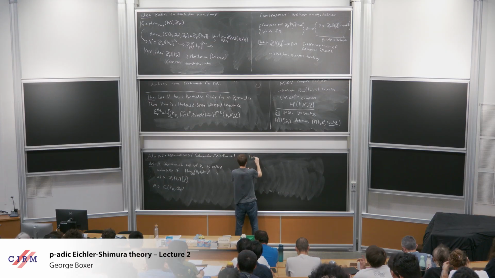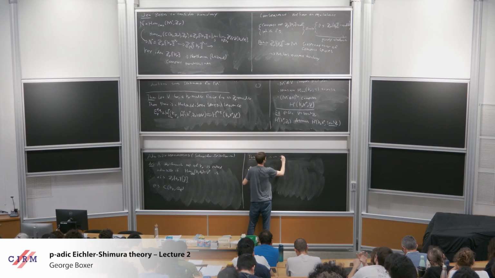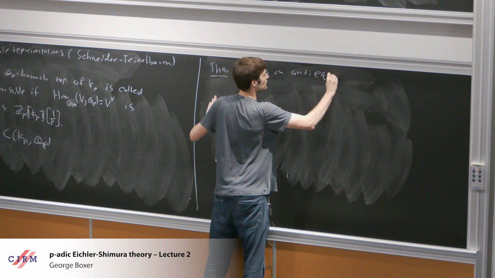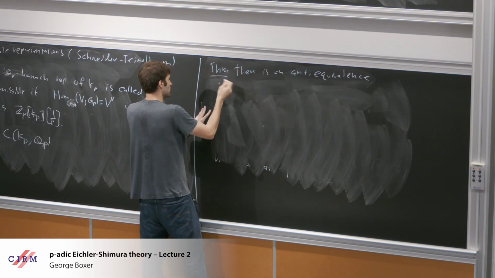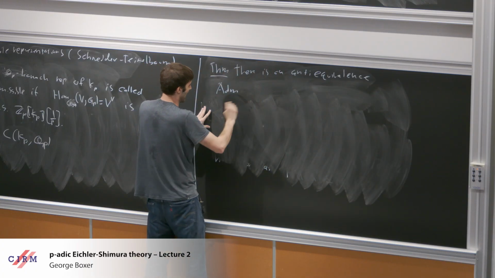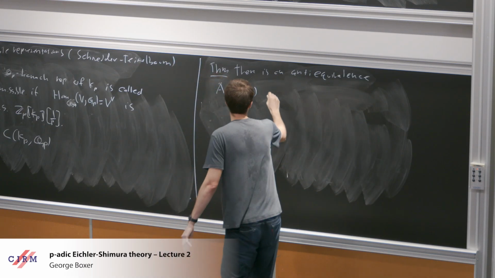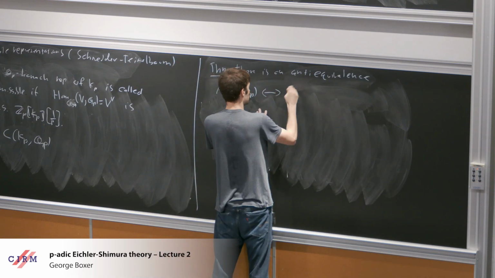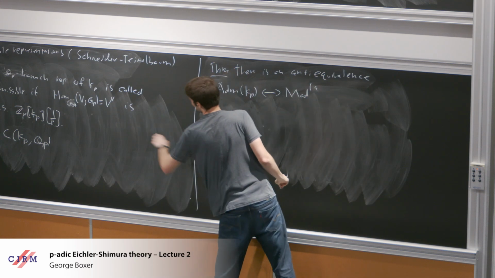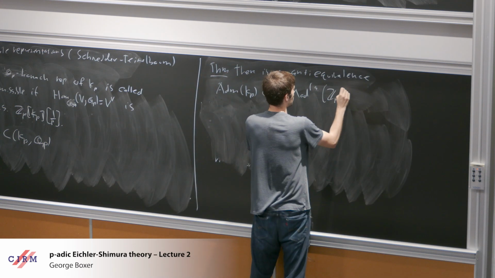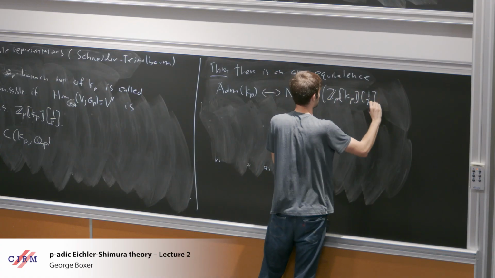So the theorem of Schneider and Teitelbaum is that there's an anti-equivalence between, let me just call it adm Kp, admissible representations of Kp, and finitely generated modules over this Iwasawa algebra with p inverted.